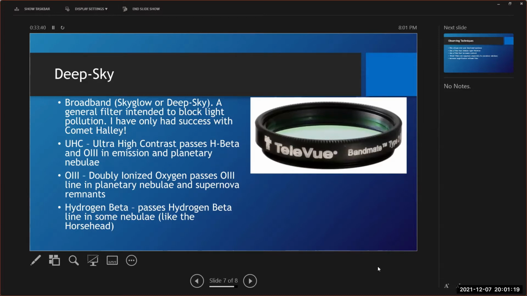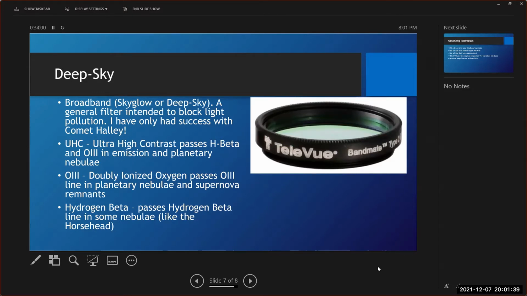By that, I mean that, for example, the first category, a broadband filter, is intended to just knock down light pollution. I have one that I've had for some years. It's called a deep sky filter made by Lumicon.